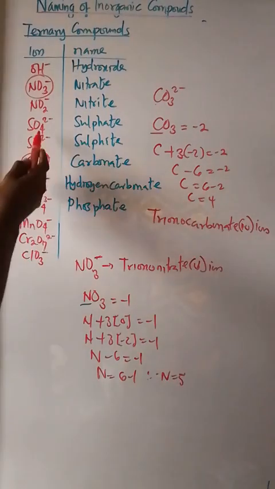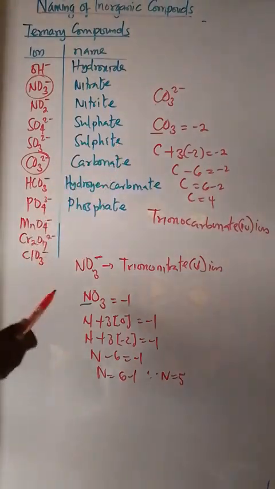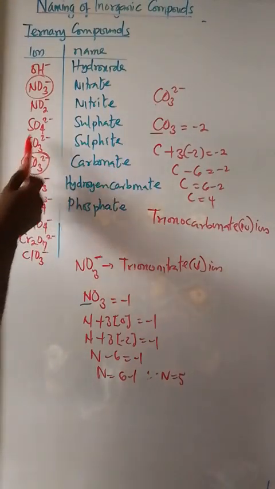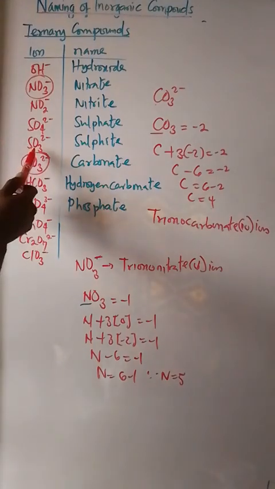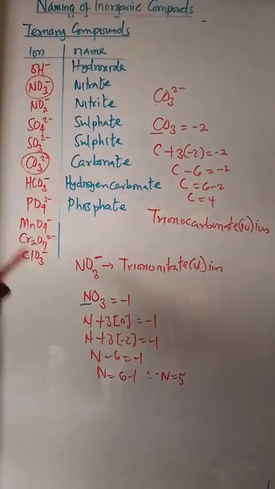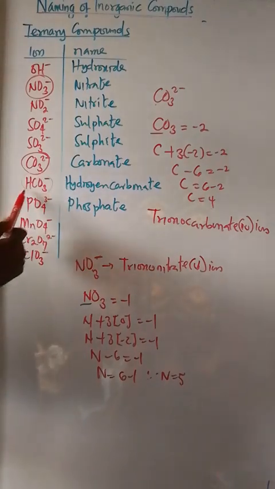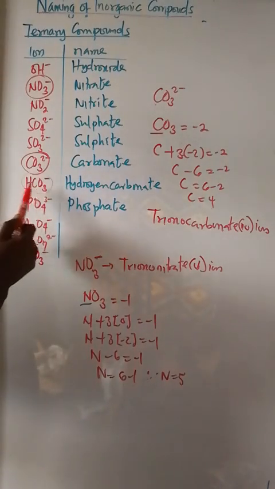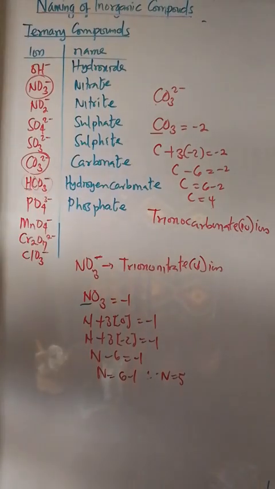So for this one, it will be tetraoxosulfate. If you solve it, you get 6. This is what? Trioxosulfite. You should get what's here? 2 times 6. That's 4. For this particular one, we have 3 elements here. So we start with this hydrogen trioxocarbonate. Then you get the IUPAC state, the oxidation state of carbon.